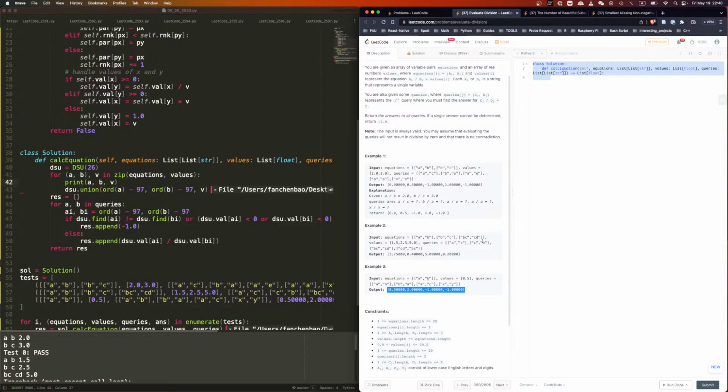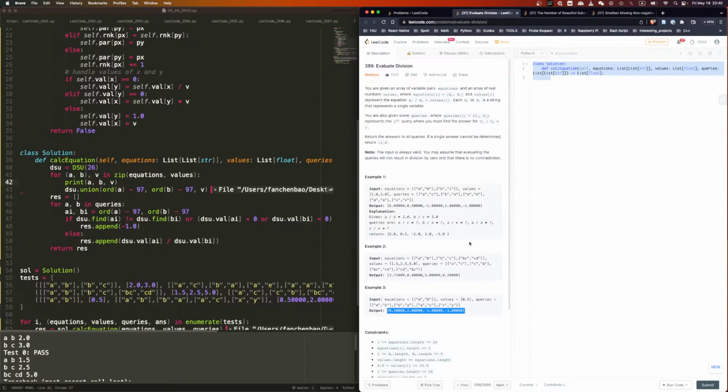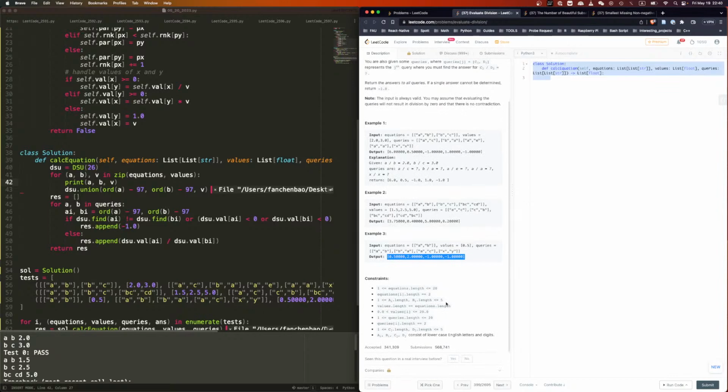So I think what we need to do in this situation is, length can be 5.